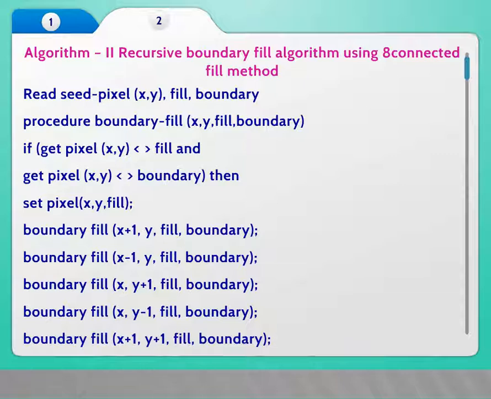If getPixel(x, y) is not equal to fill and getPixel(x, y) is not equal to boundary, then setPixel(x, y, fill). boundaryFill(x+1, y, fill, boundary). boundaryFill(x-1, y, fill, boundary). boundaryFill(x, y+1, fill, boundary). boundaryFill(x, y-1, fill, boundary).